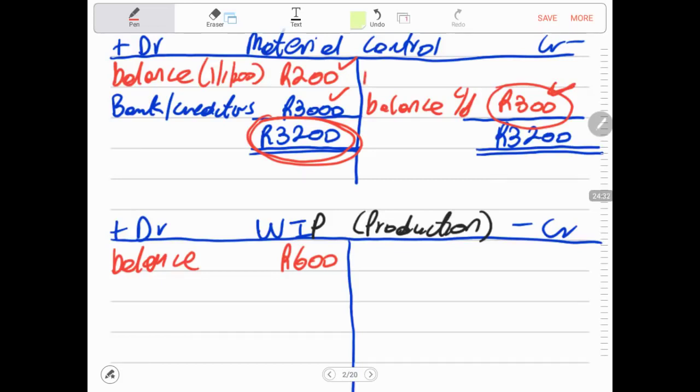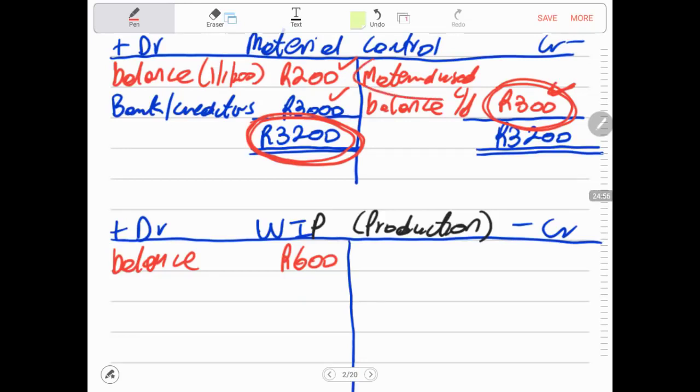So now, in other words, we want to know how much material was used, meaning how much material was issued into the production department, because what was available to be used was 3,200, but what is left at the end of the year is 300, meaning the rest of the material that is worth 2,900 was issued to the work in process.